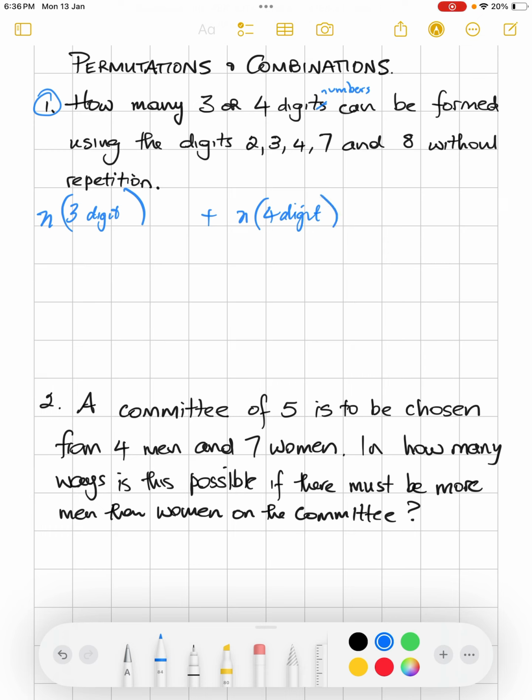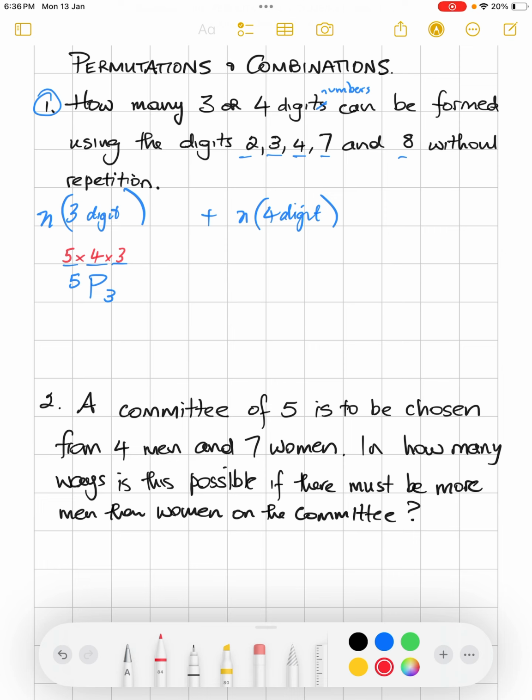So for 3 digit numbers, we've got 3 places. And from 5 numbers, 1, 2, 3, 4, 5, with no repetitions, we've got 5P3 permutations, different types of numbers. So there are 5 choices for the first position, 4 choices for the second, and 3 for the third.